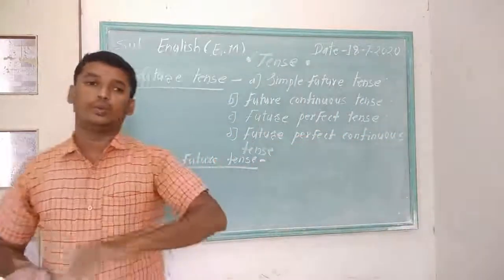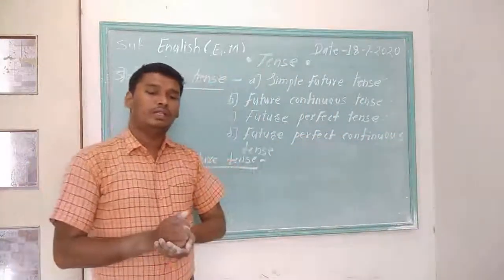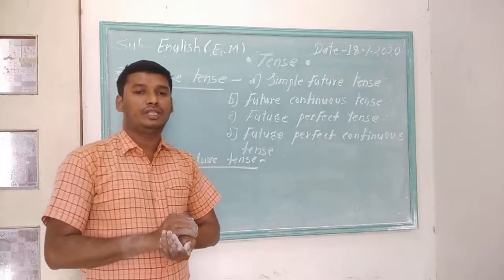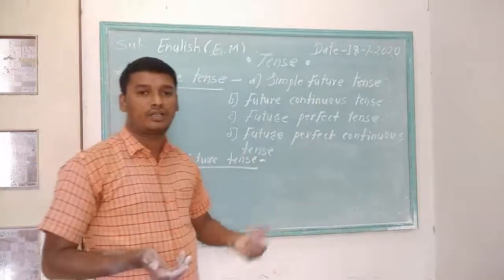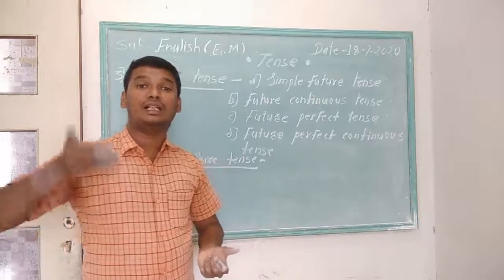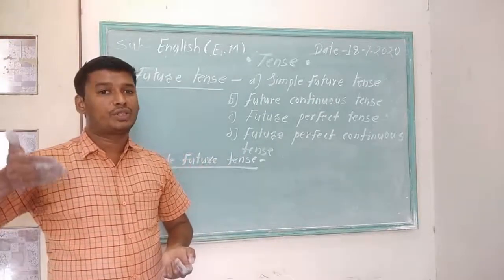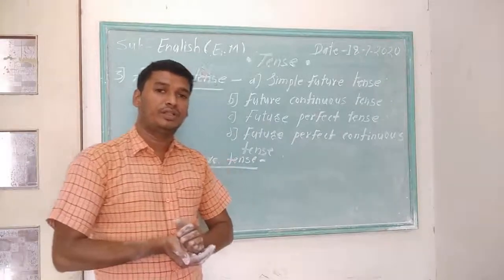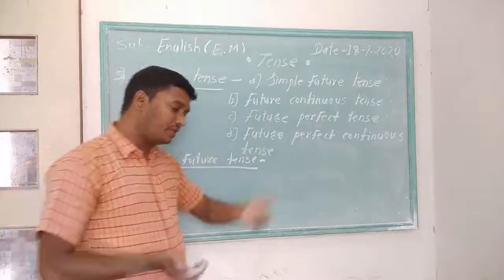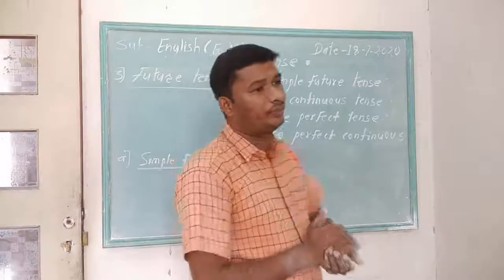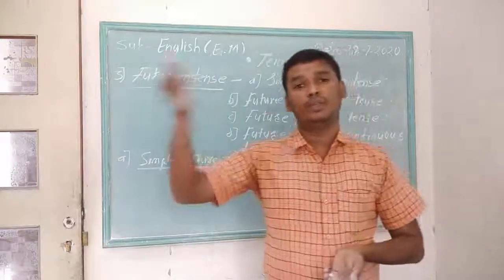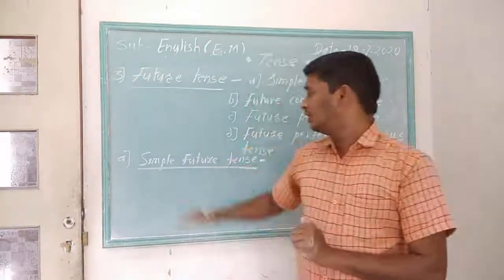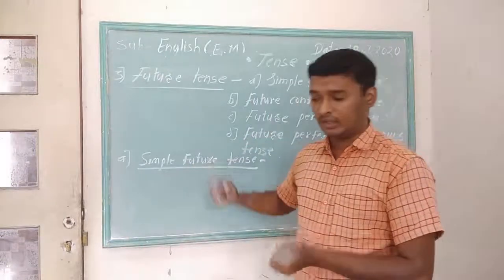If you are going to complete your project tomorrow, then that action is the example of simple future, because that action has not completed yet, and is going to complete in future. So for the actions which have not been completed, we use simple future tense. Okay.